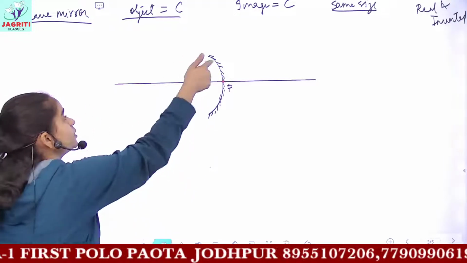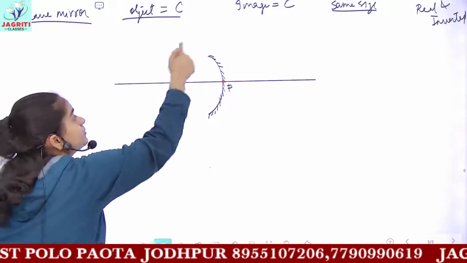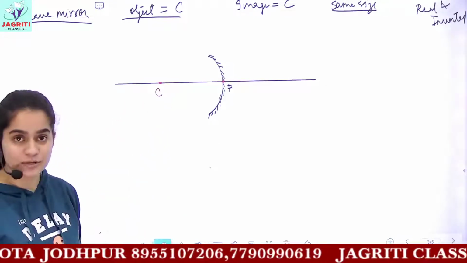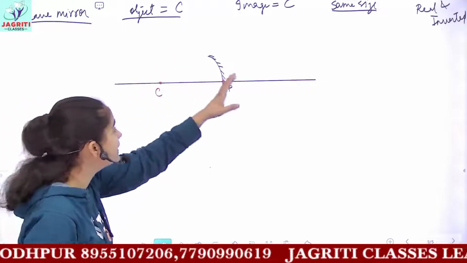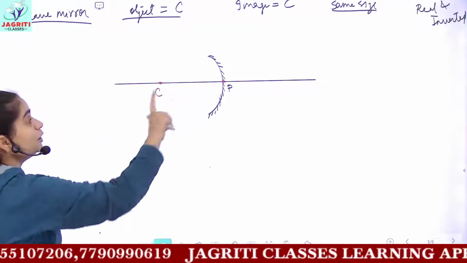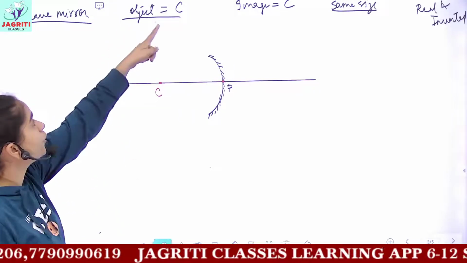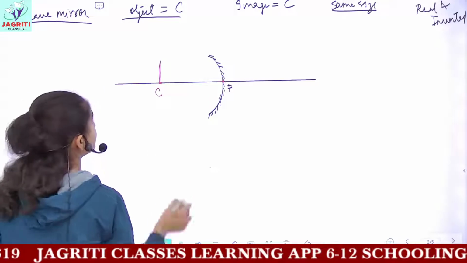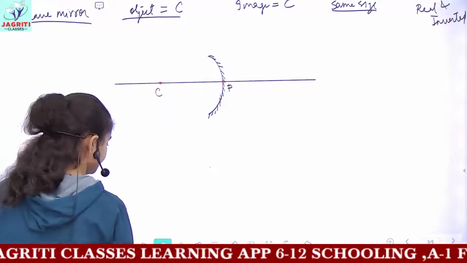The center of curvature would be what? If I complete this sphere, then the center would come approximately at this position. And remember, between the center and the pole you have the point focus. So after drawing this, you have to draw your object at C. So let's suppose I draw my object at C.